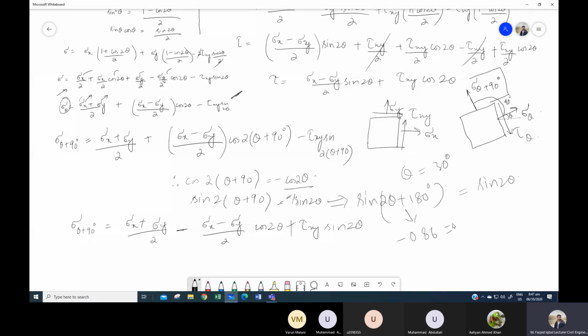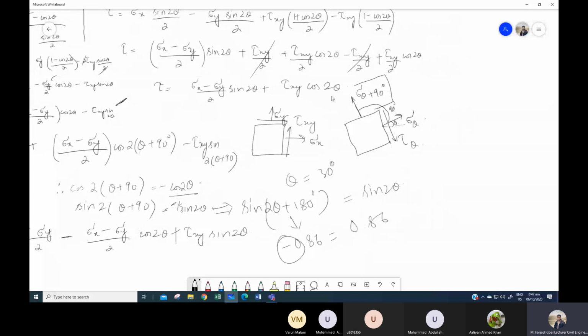And sine 60 is obviously 0.86. So there is a negative sign in this one. So we have this equation of sigma theta plus 90. Now you can figure out all the stresses that are acting on the inclined element. You have the formula for sigma theta, you have the formula for tau theta, and you can figure this out.